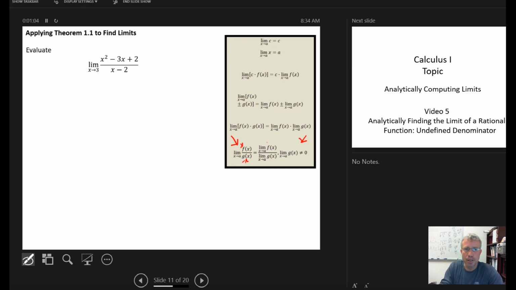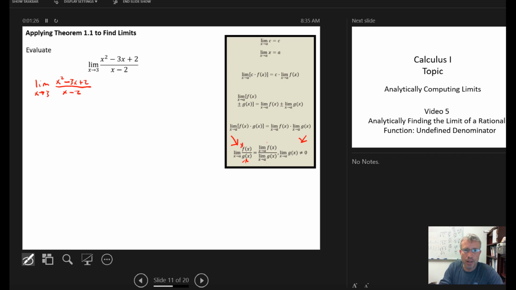So the first step in solving this particular problem is to rewrite completely the problem, which is what you're expected to do in the homework. So the limit as x goes to 3 of the rational function, x squared minus 3x plus 2 all over x minus 2.